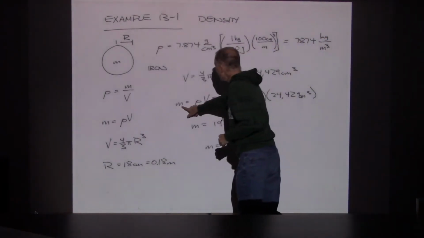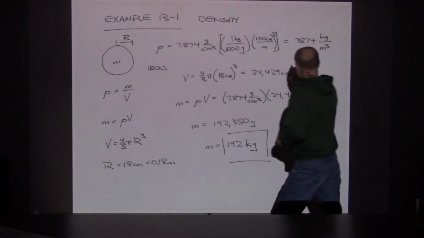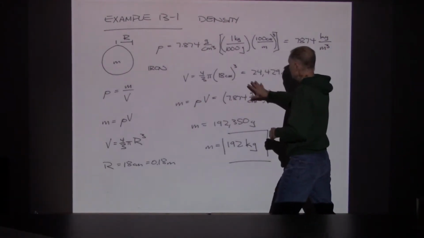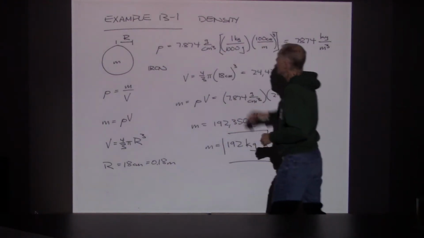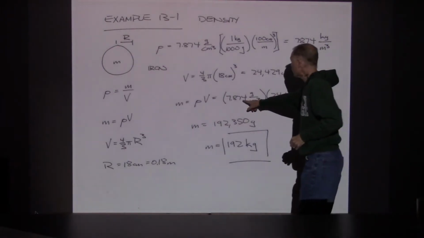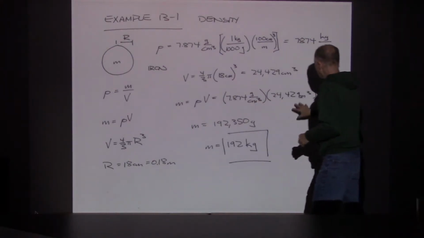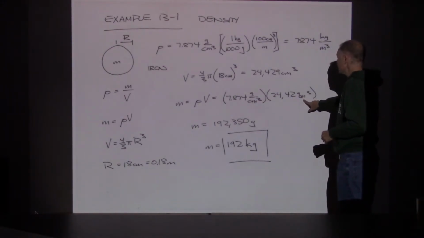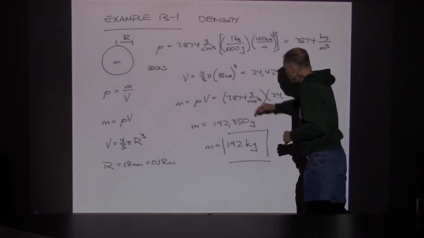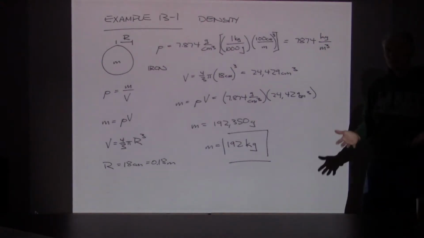And then for the mass, I took the density. Since this was in cubic centimeters, we'll use the grams per cubic centimeter value for the density. So that's the 7.874 grams per cubic centimeter times the volume in cubic centimeters. The important thing here is that these cubic centimeters cancel those cubic centimeters, so we can verify units.